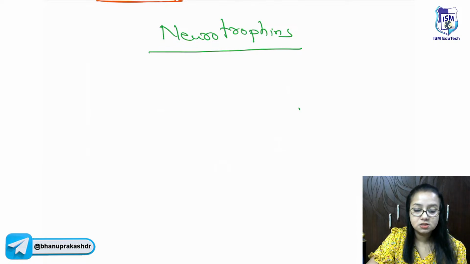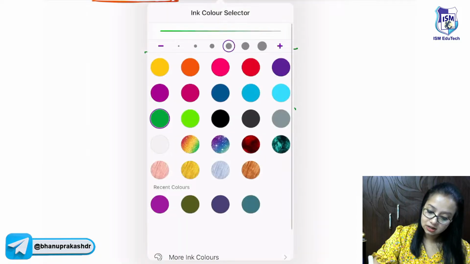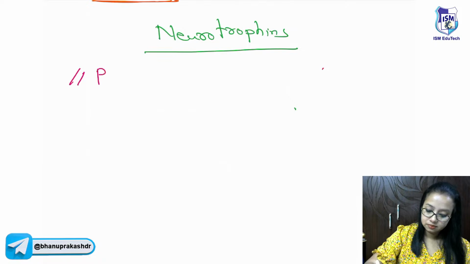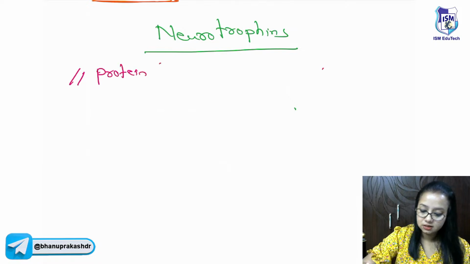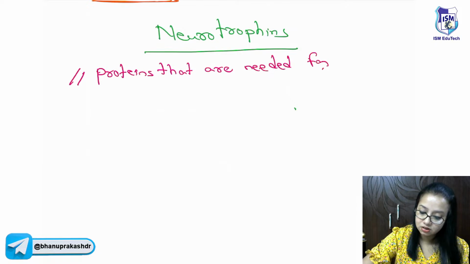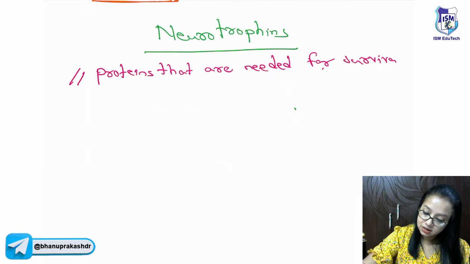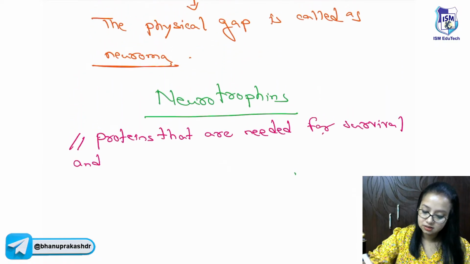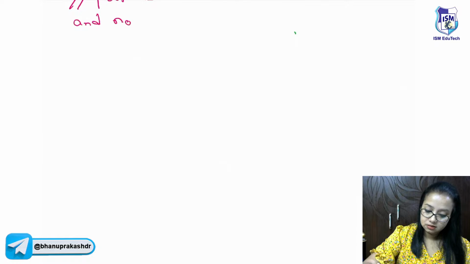What are the neurotrophins? Neurotrophins are basically protein in nature. They are the proteins that are needed for survival and nourishment of the nerve cells.